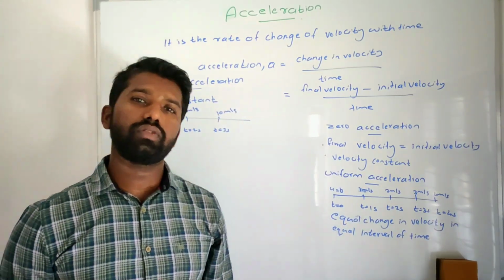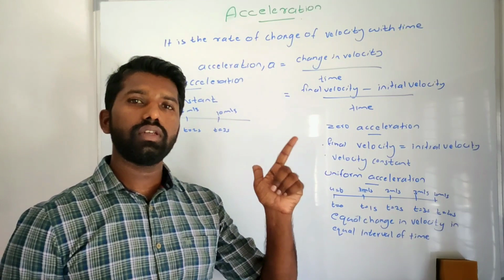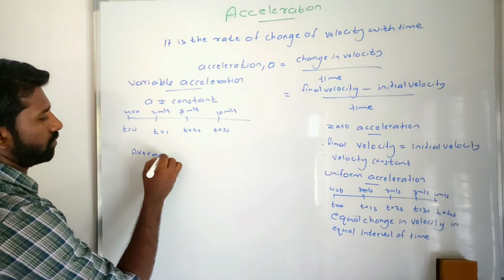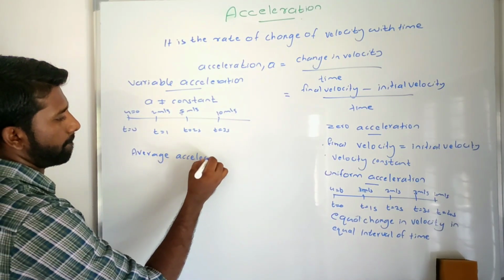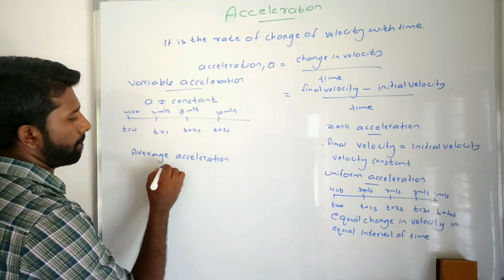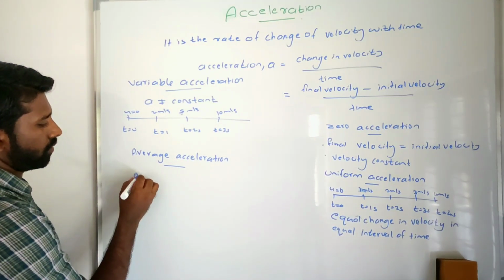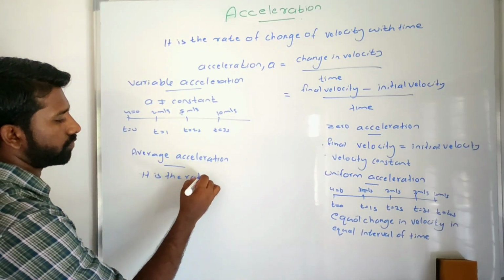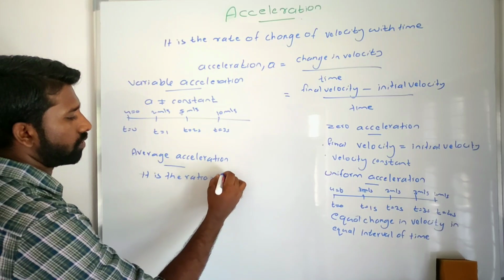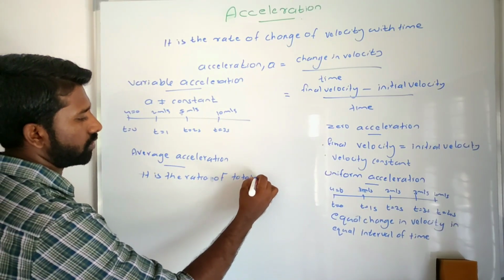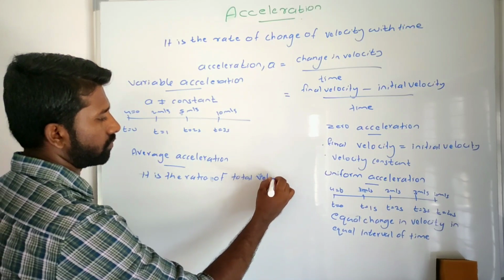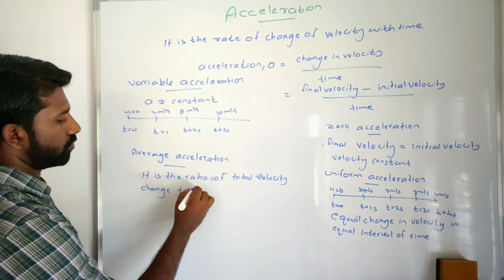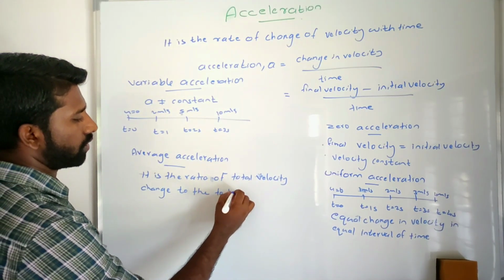So if an object is in variable accelerated motion over a particular interval of time, and we need to say how much is the acceleration of the body, for that we use average acceleration. Average acceleration is the ratio of the total velocity change to the total time.